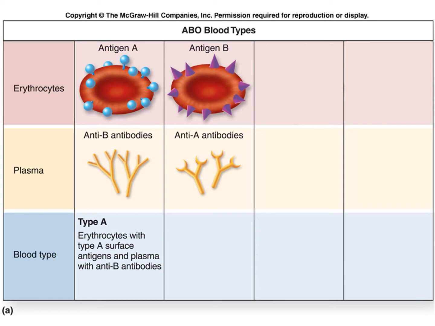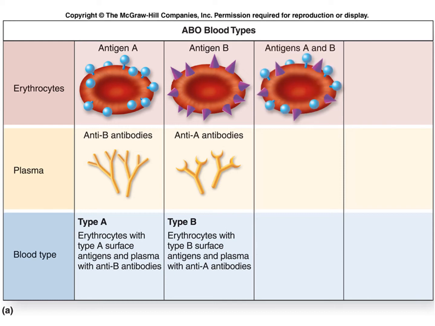If you look on the left at the anti-B antibody, you can see that it matches up shape-wise with antigen B. And if you look at the anti-A antibodies, you can see that they match up with antigen A. So anti-A will match up with A, and it'll clump and agglutinate. So if you're type B, your erythrocytes are going to have type B surface antigens, and you're going to produce anti-A antibodies in your bloodstream.